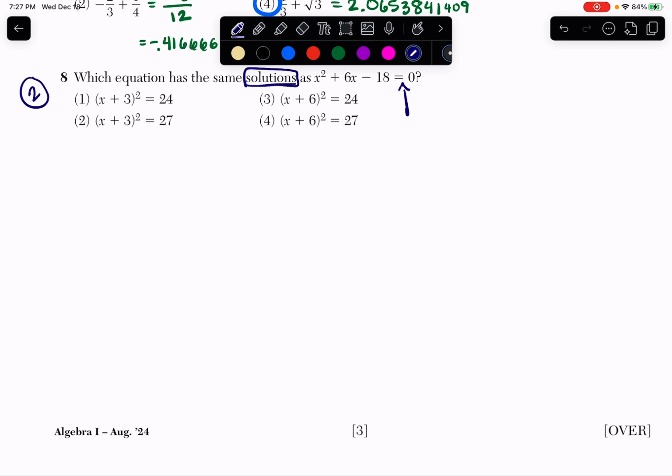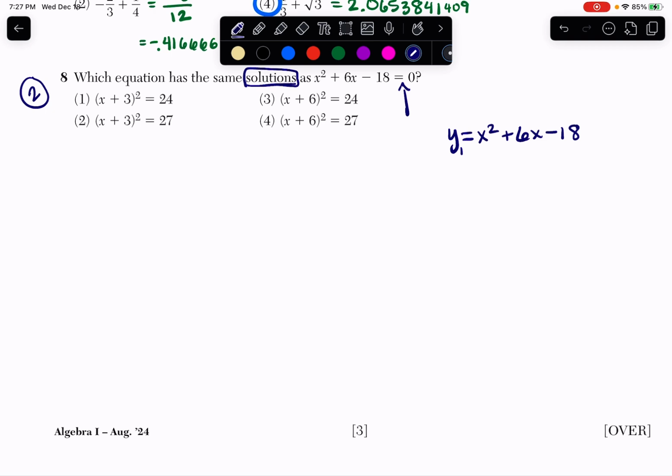We know a solution makes it true, so we could type this equation into y1, and then we could just try to observe on our graph what is getting this equation close to 0.